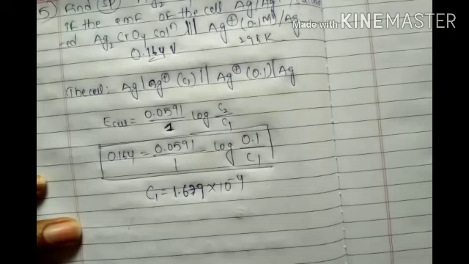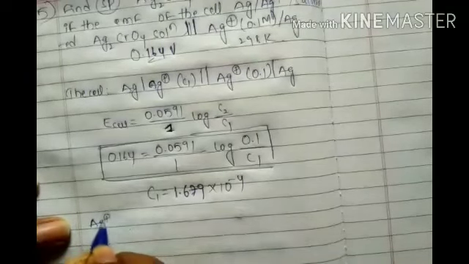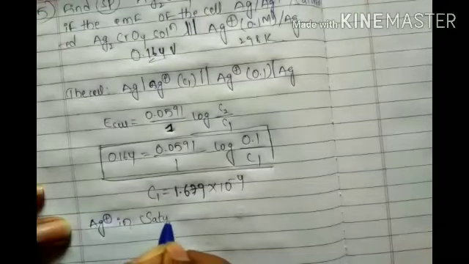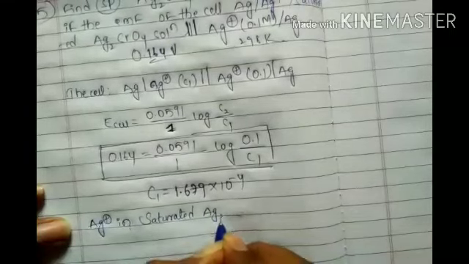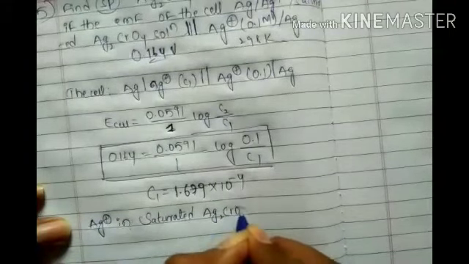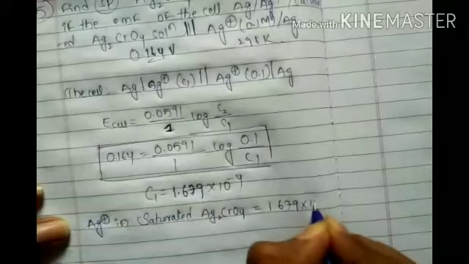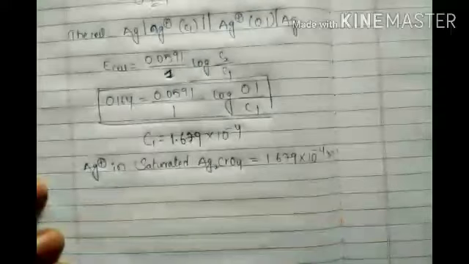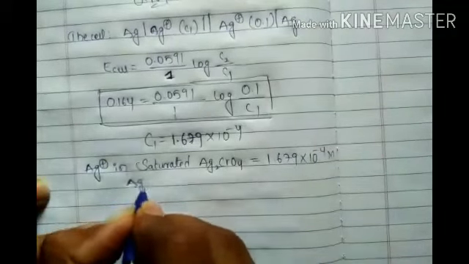So now the Ag plus in saturated Ag2CrO4 solution is 1.679 into 10 to the power of minus 4 m, the given data.